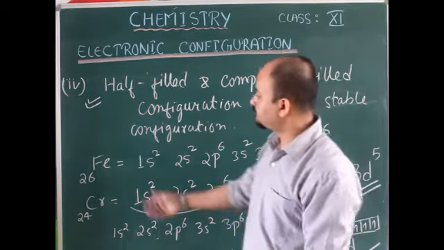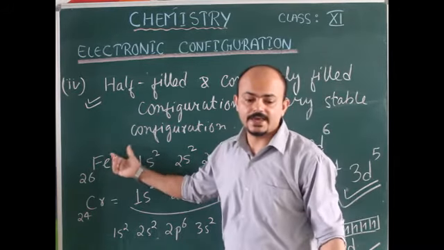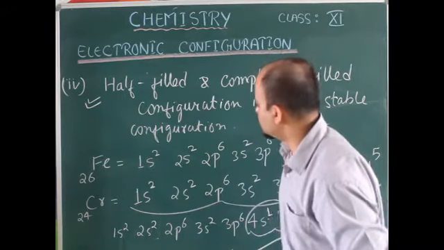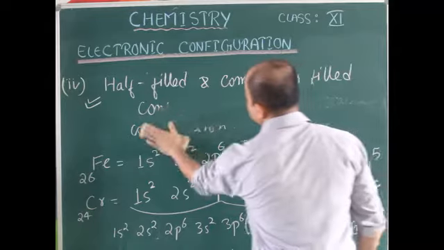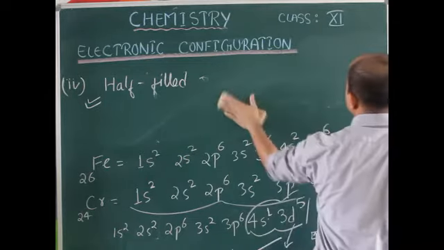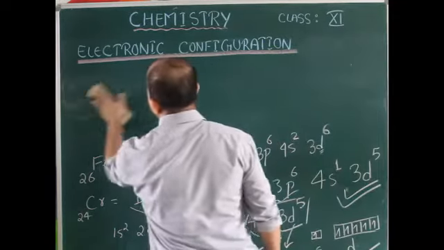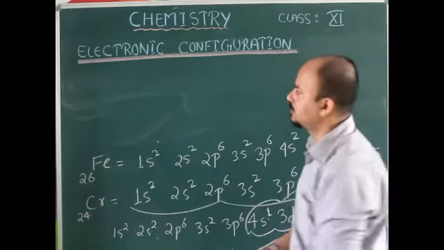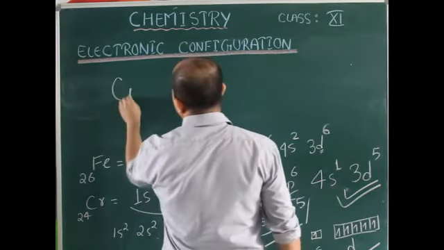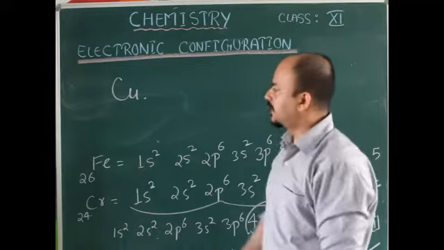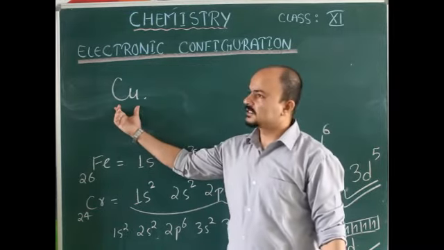Such a case also exists with copper. Now similarly, if you have understood this, you will be able to do the electronic configuration of copper. Copper, nickel, copper, zinc.